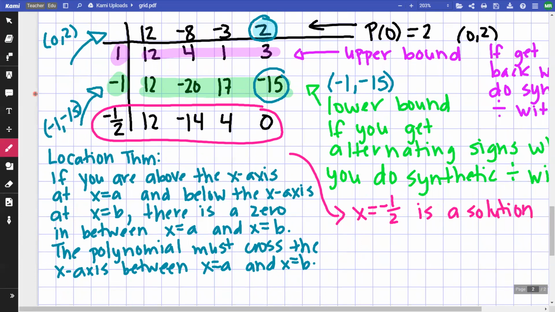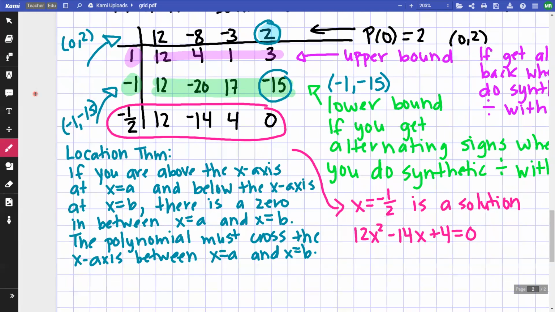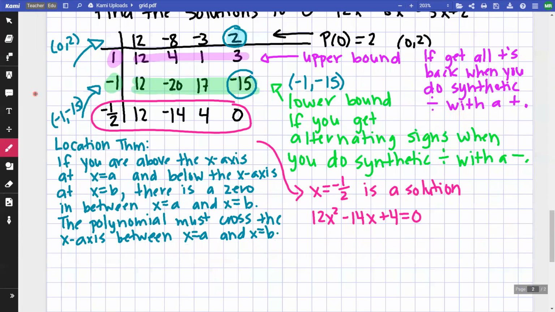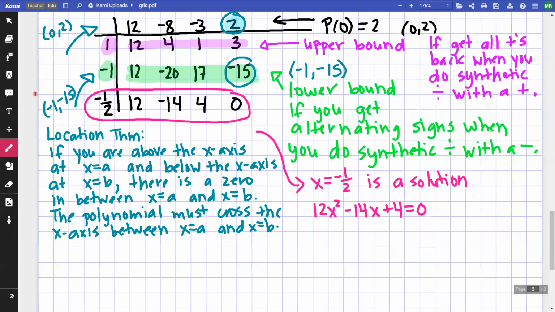And so now I'm going to take that depressed polynomial, 12x squared minus 14x plus 4 = 0, and solve. Now, when I'm doing that, I happen to notice that I can divide everything at least by 2. So 6x squared minus 7x plus 2 = 0.